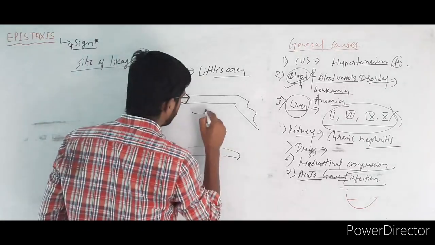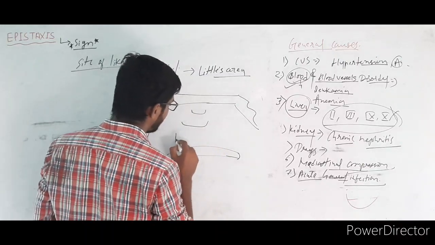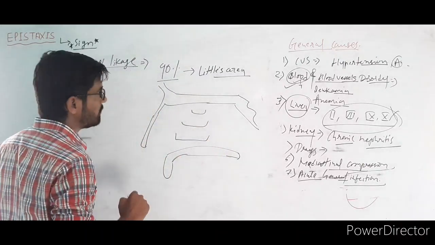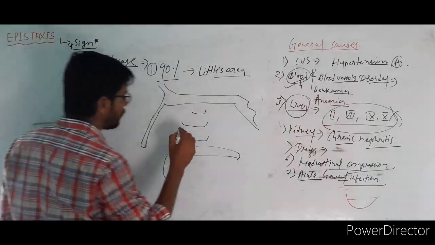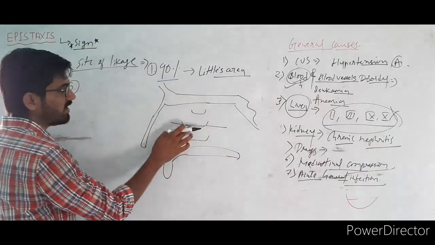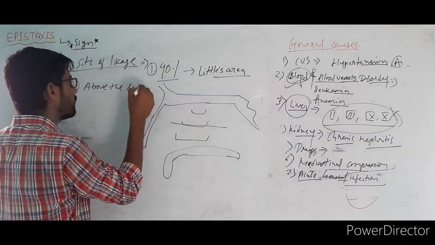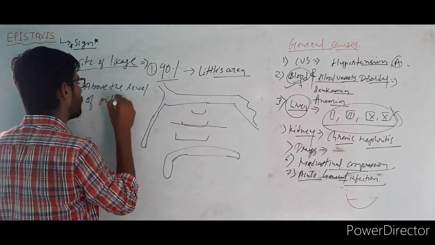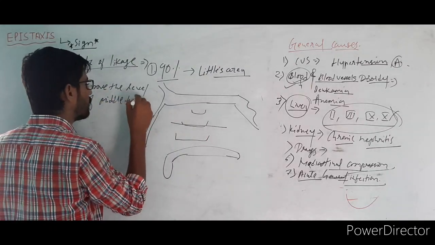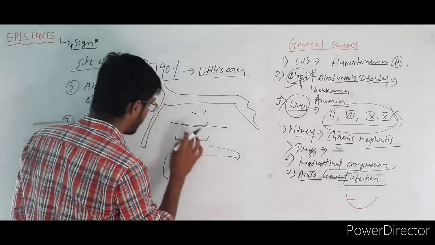Here is the superior turbinate, the middle turbinate, and the inferior turbinate. So bleeding is first from the lateral area. Second, from above the level of the middle turbinate. Third, below the level of the middle turbinate.